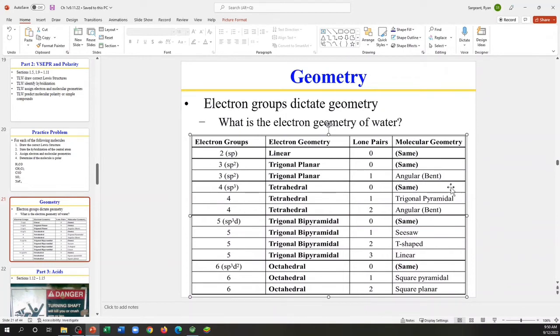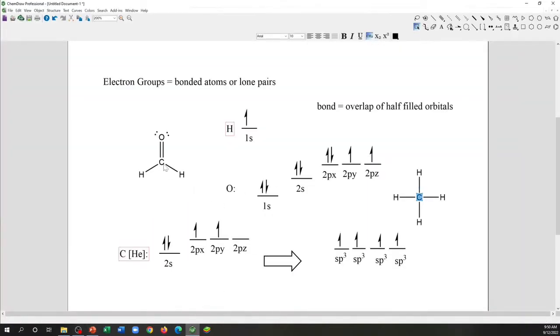So organic chemistry on top, and then the full table was something we talked about in general chemistry. Inorganic chemistry, which is a lesser science, uses this bottom chart right here, and we don't care about that. So going back to this carbon right here, it has 1, 2, 3 electron groups, and therefore it is sp2.